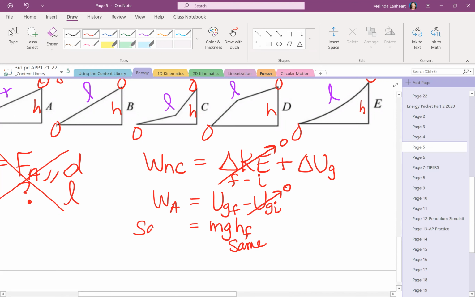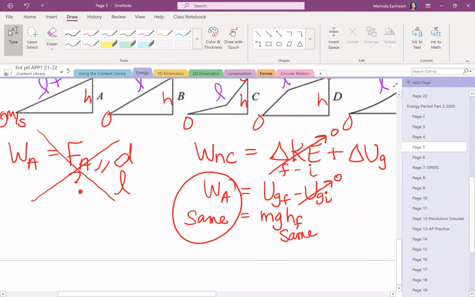And so you'll get the same applied work on all ramps. And it doesn't feel right because you're like, oh, but some of those ramps you're going to have to push harder, right? Yes, the force applied might be different, okay? We saw that in the plan A. The one with more distance traveled, you don't have to push as much. But at the end of the day, the work done by the applied, by the person, is going to be the same on all these.